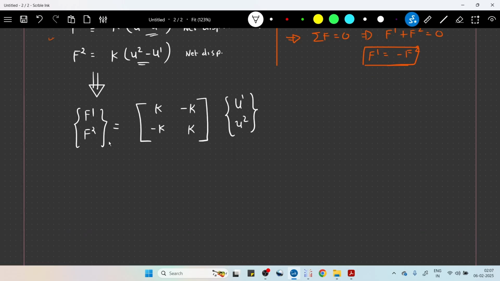So I did nothing, I just wrote the algebraic equations in terms of matrix algebra, in linear algebra.